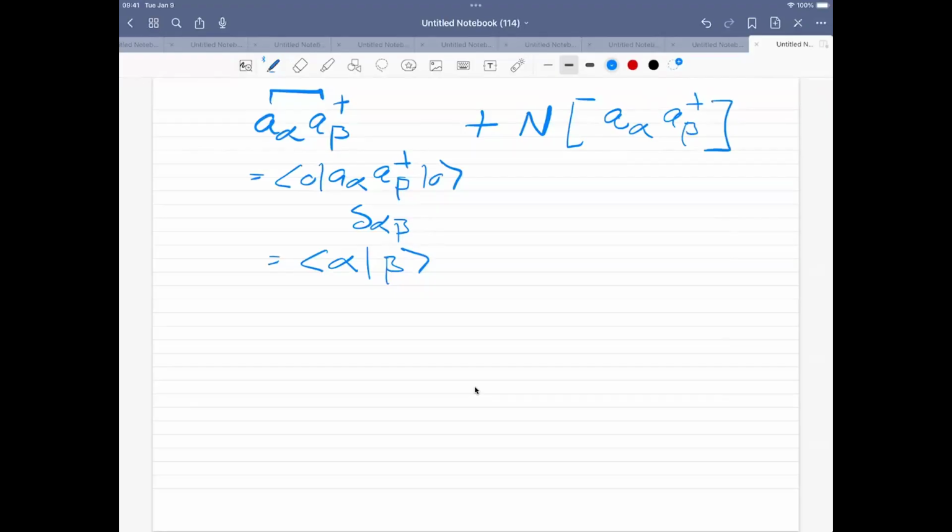What does normal ordering mean in this specific case? Normal ordering means that I interchange these two operators so that I have the annihilation operators acting on the vacuum state. So this quantity here is the same as a minus of this expectation value of A beta A alpha. Normal ordering here means simply that I am moving all the annihilation operators to the right by permuting this.